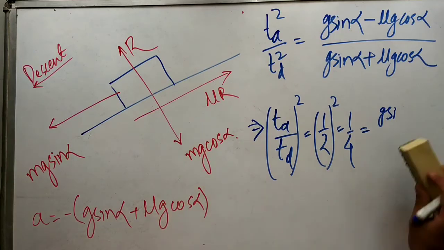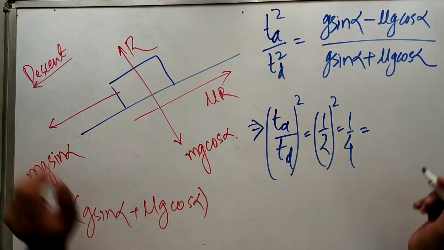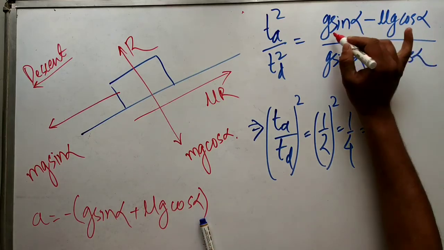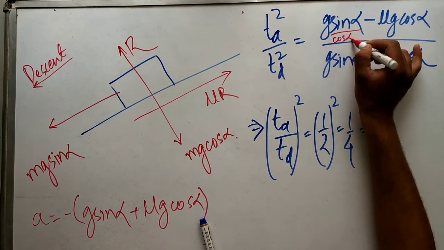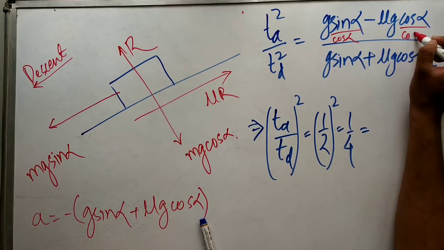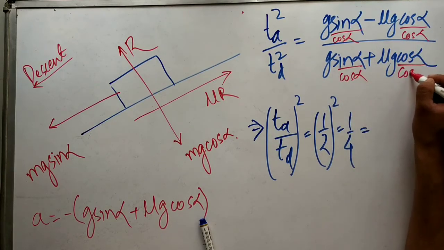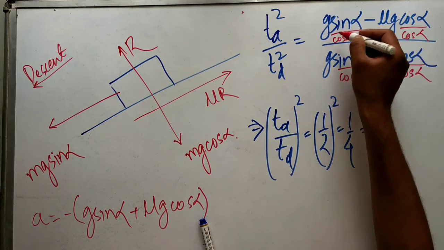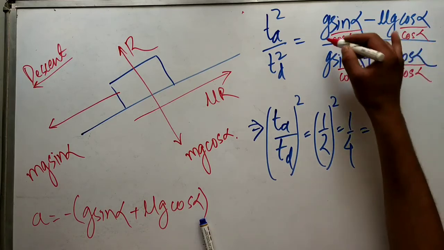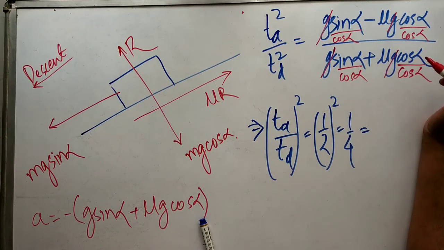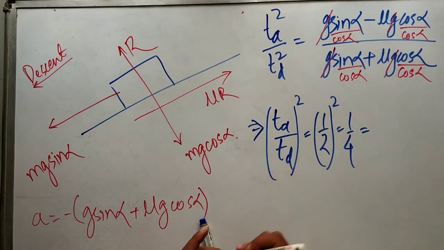We can also quickly divide the numerator and the denominator both by cos of alpha and take g common, so g cancels from both denominator and numerator.